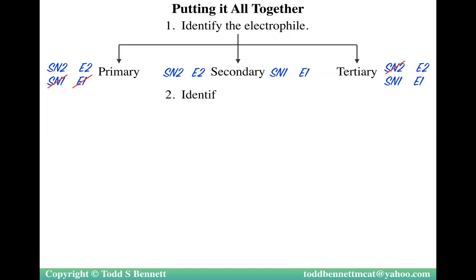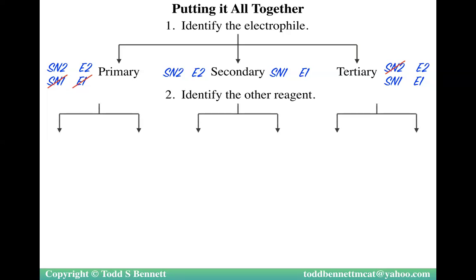Okay, so next on the agenda, consider the other reagent. So it's either going to be a primary with a base or nucleophile, secondary with a nucleophile or base, tertiary with a nucleophile or base. So again, let's update.